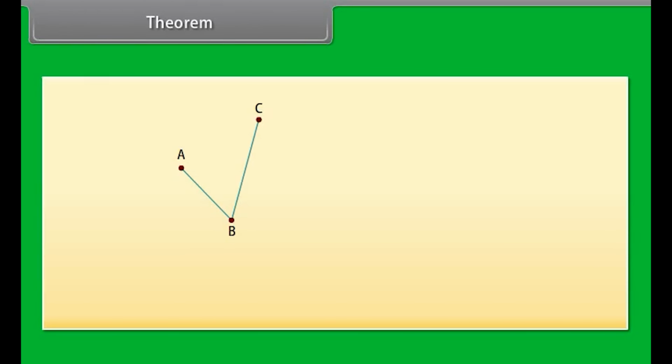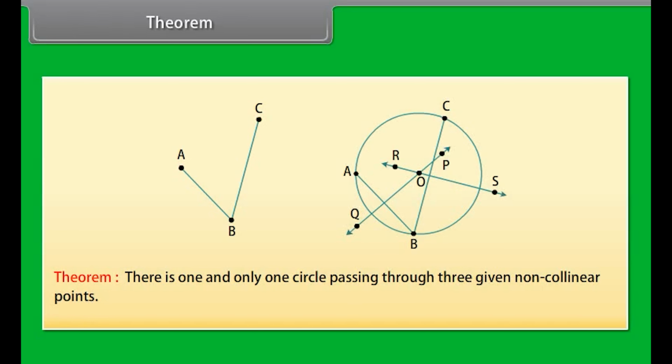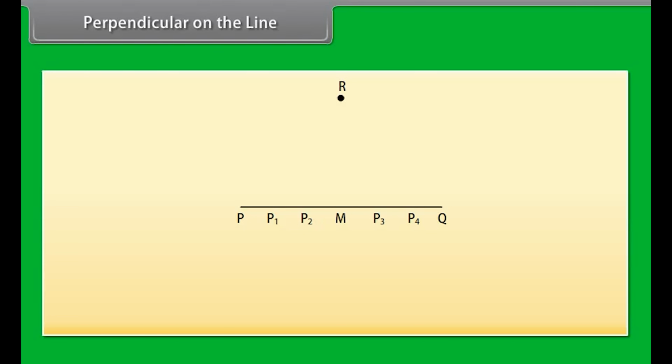Theorem. If we have three non-collinear points, then there is one and only one circle passing through the three given non-collinear points. Perpendicular on the line. If we take a line PQ and a point R outside it, we know that there are an infinite number of points on the line, say P1, P2, M, P3 and P4.